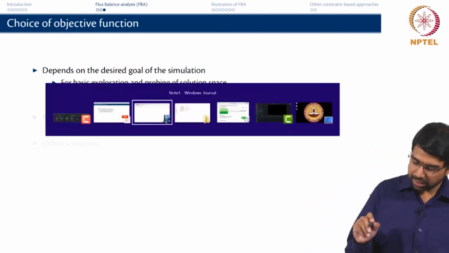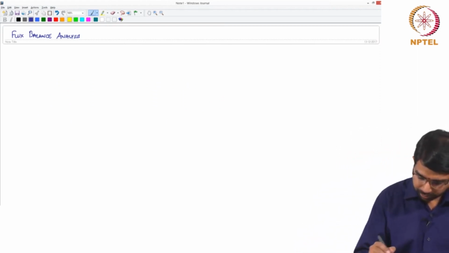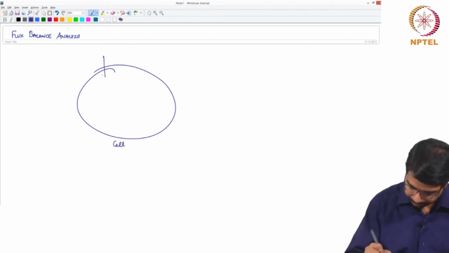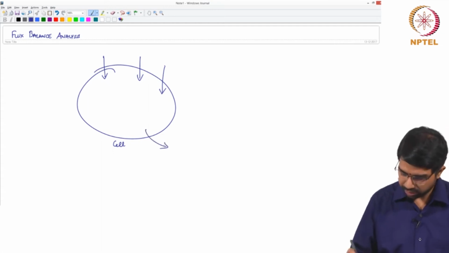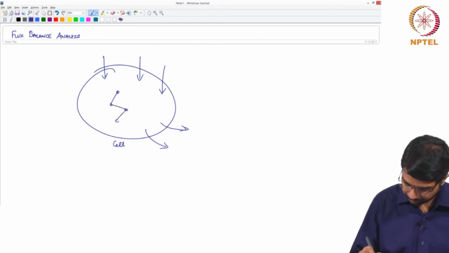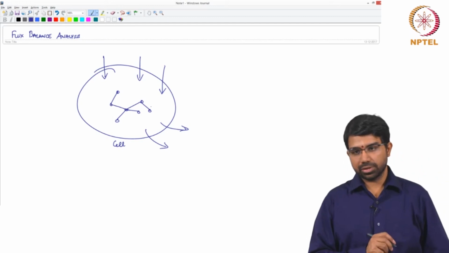But let us remind ourselves what we have been doing. You have a cell which takes in several metabolites, gives out some metabolites, and there is a complex metabolic network inside of it.